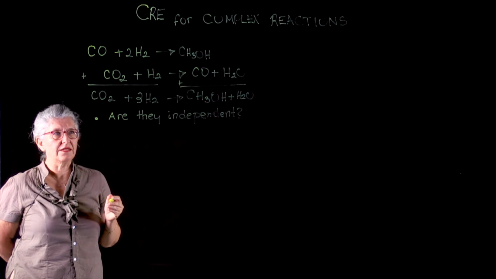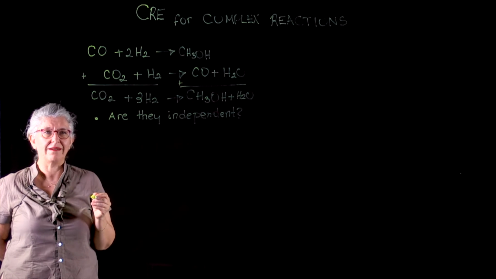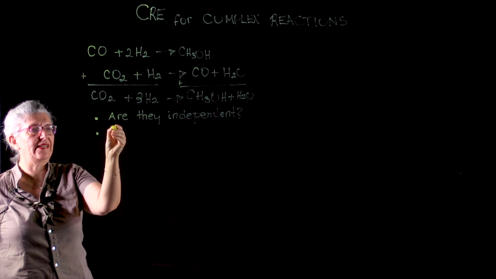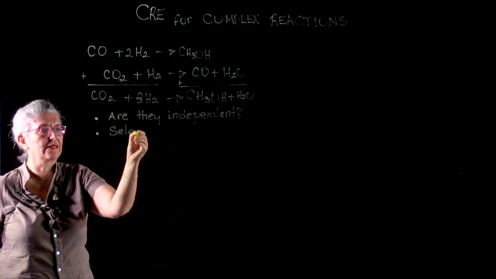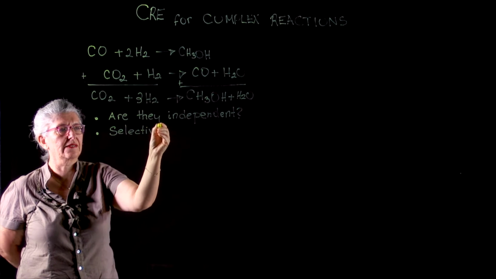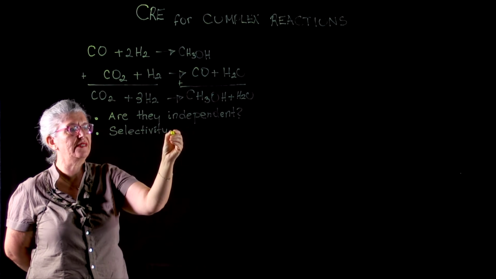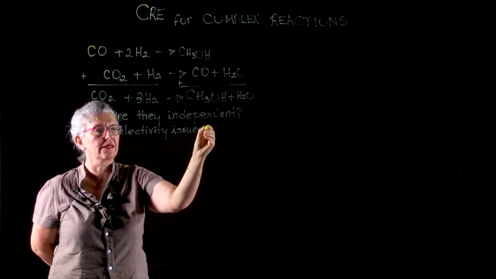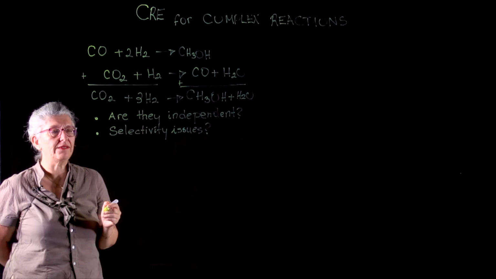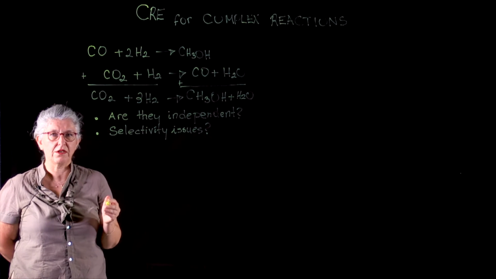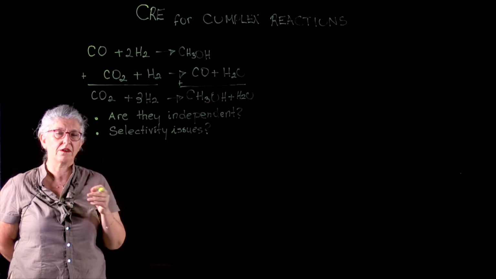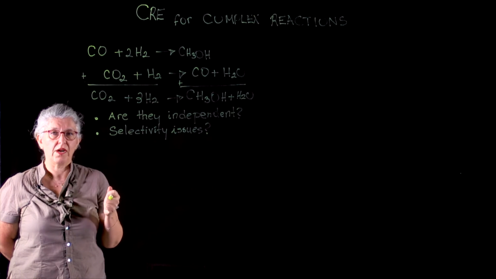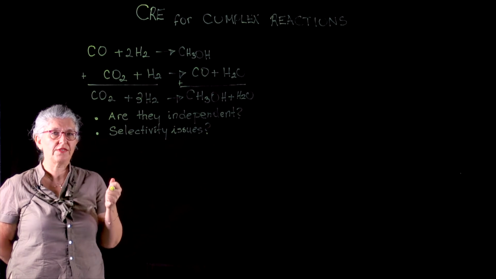In a complex reaction network, there are issues that we term selectivity. Selectivity means the selective production of one of the products in competition to the others. What should we do? How should we design our reactors to improve the selectivity?